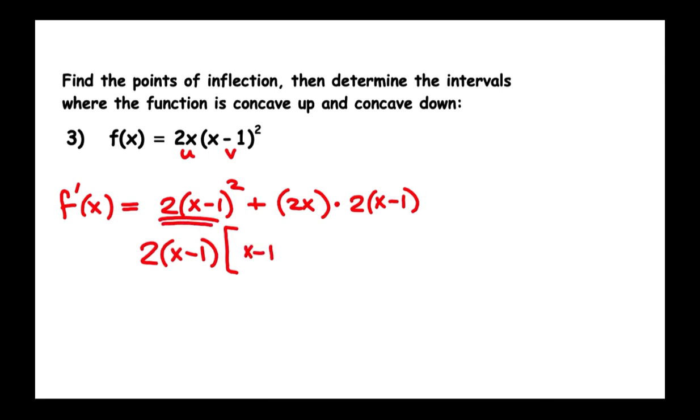I don't need the parentheses anymore. This plus sign is going to come down. This got taken out already, but this 2x, other 2x is still here. So really, the first derivative is 2 quantity x minus 1, quantity 3x minus 1.